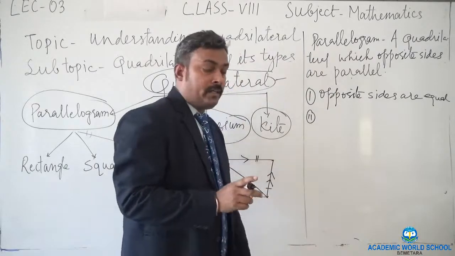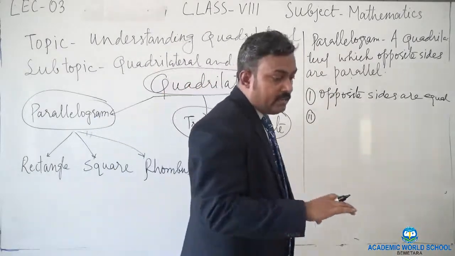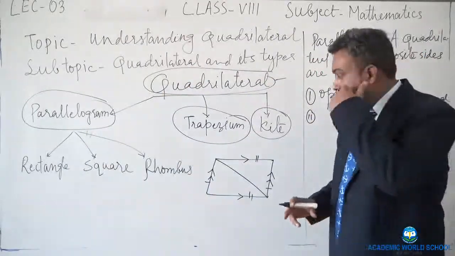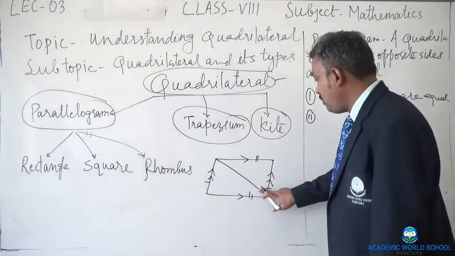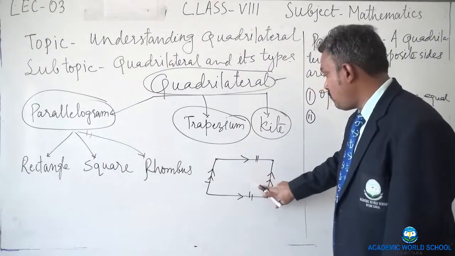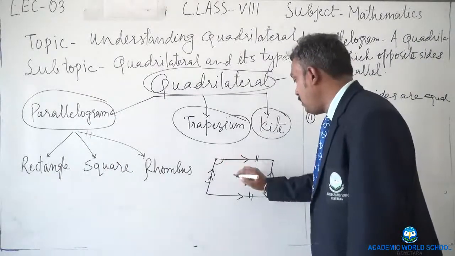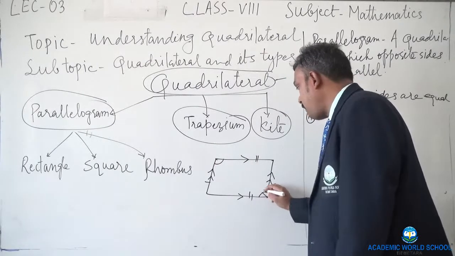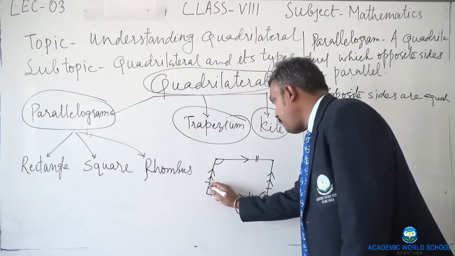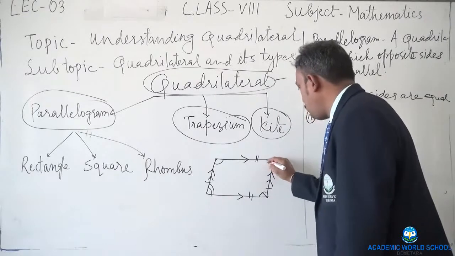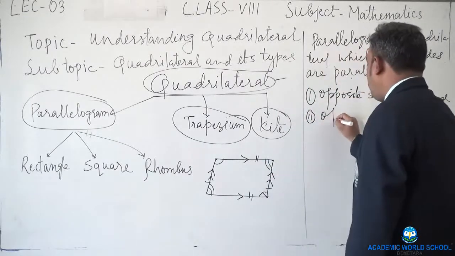The next property: opposite angles are equal, which means this angle is equal to this angle, and this angle is equal to this angle.